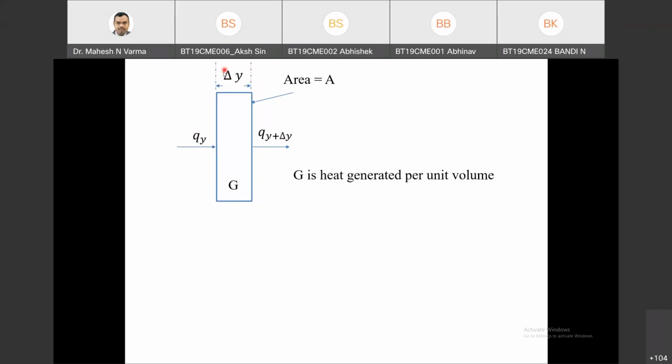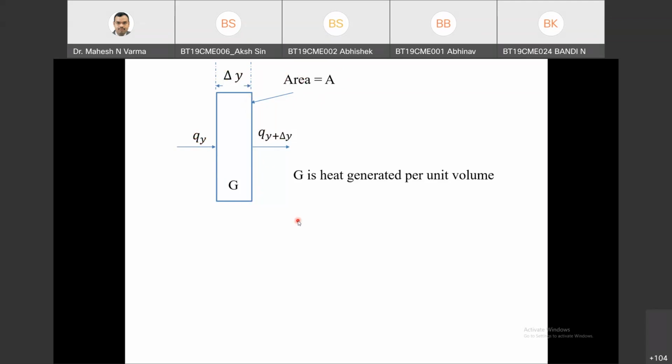This is a differential thickness, delta y, and delta y is small. Here the rate of heat transfer is qy, and here it is q at y plus delta y. This is the flux calculated at y, and this is the flux calculated at y plus delta y, and A is the surface area.